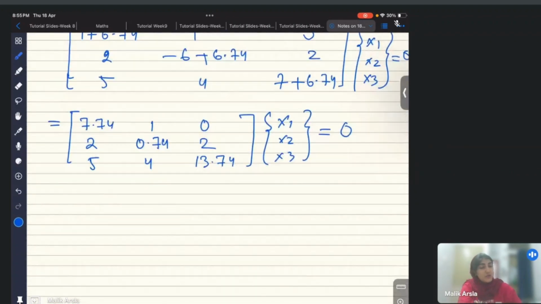I will simply tell you what the value comes out to be.